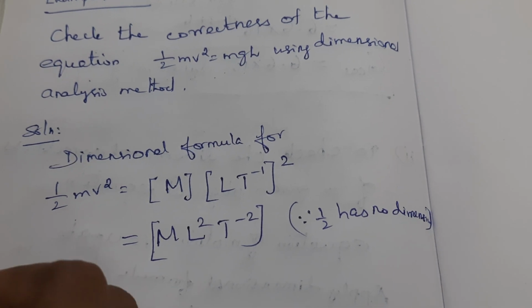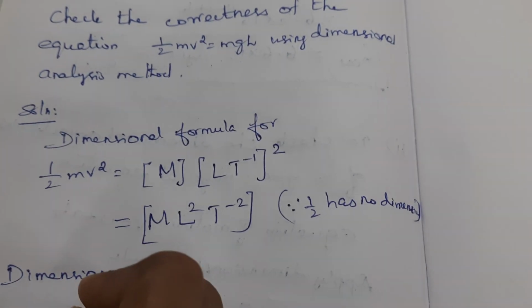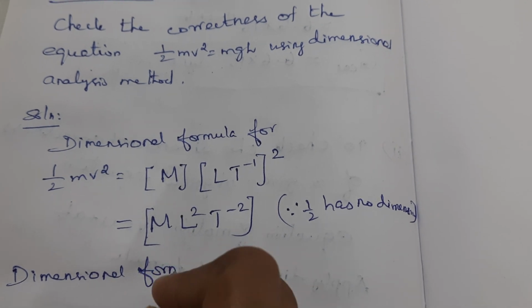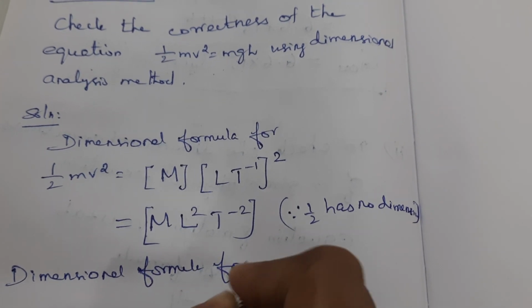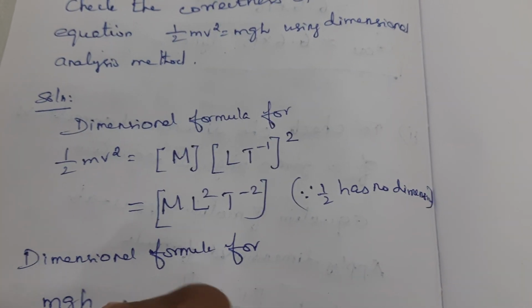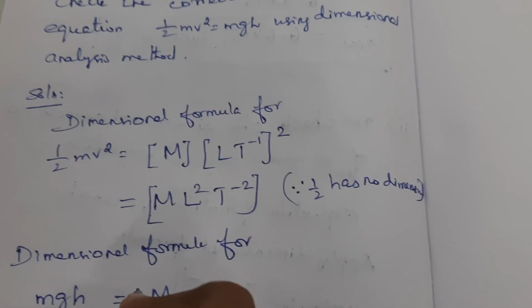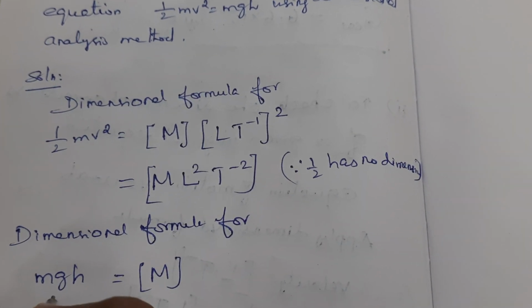Next, the dimensional formula for mgh. What is m? Mass, so the dimensional formula is M. What is g?